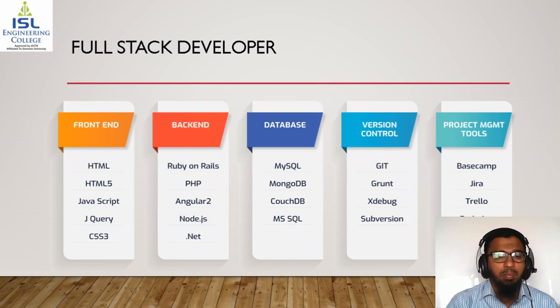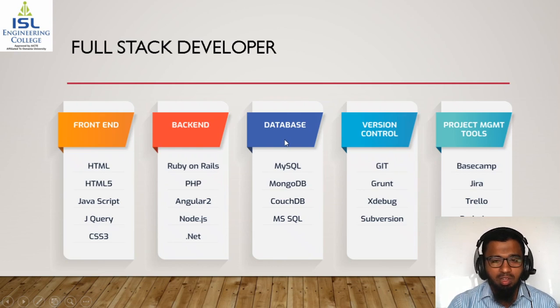So once again I will repeat, front end. Front end is nothing but whatever appears on the screen, whatever the user will see on the screen, that is the website. Backend, what is backend? At the backend, AngularJS, Node.js, .NET, this will help the website to work smoothly in the front.